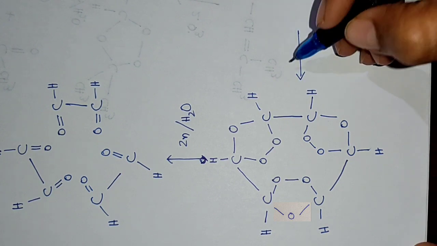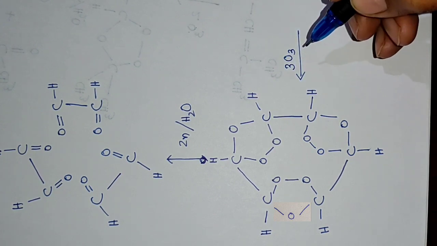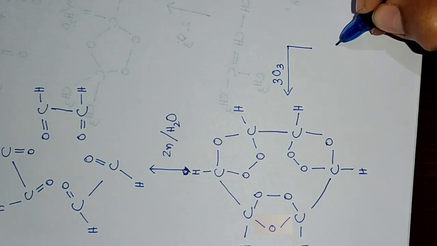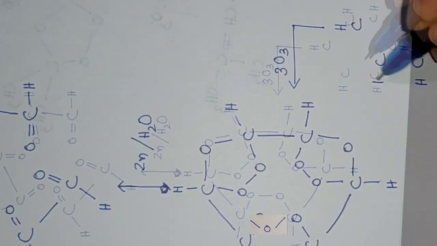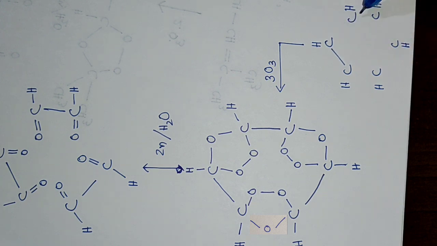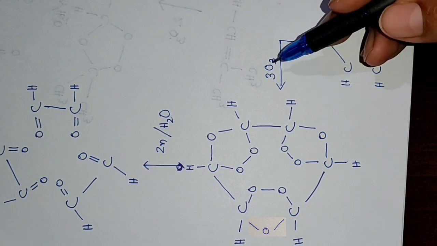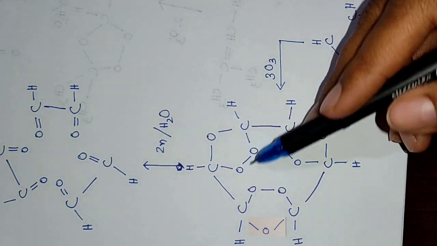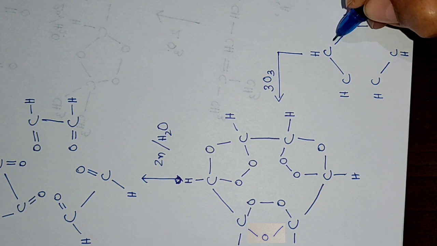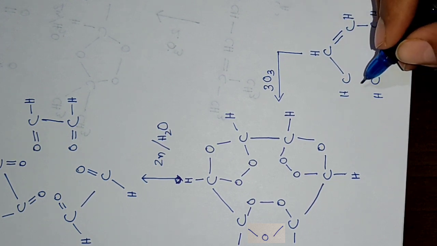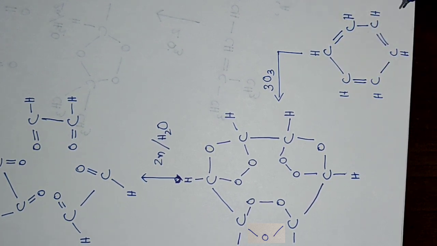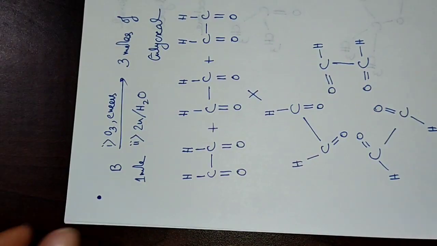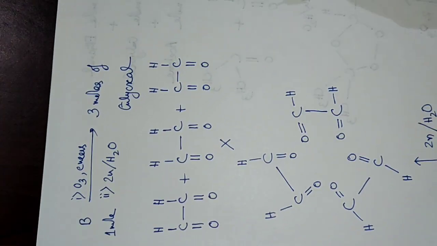This was obtained upon applying 3 moles of ozone. We have C single bond C here, C single bond C here, C single bond C here. Now ozone must have attacked the double bonds only. We have ozonide here, so actually there was a double bond here. There was a double bond here. Here was a double bond. So this is benzene. So the starting compound B is benzene.